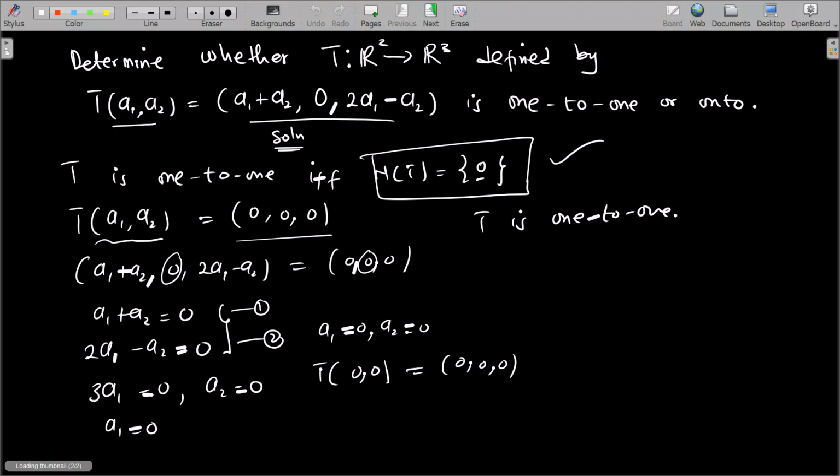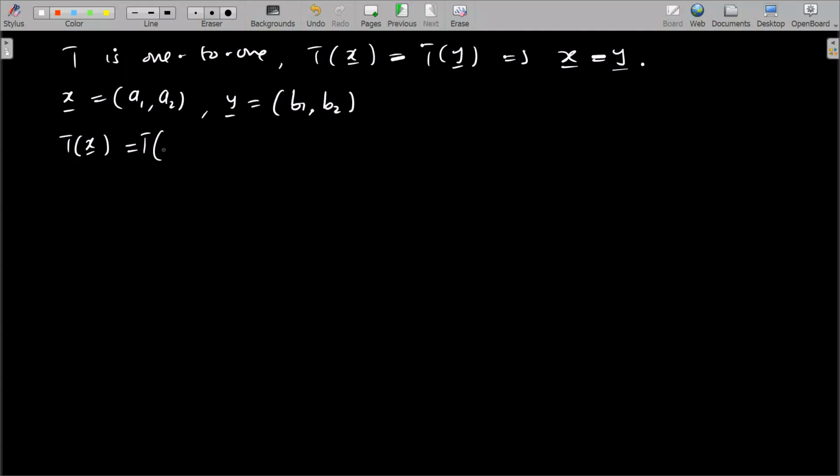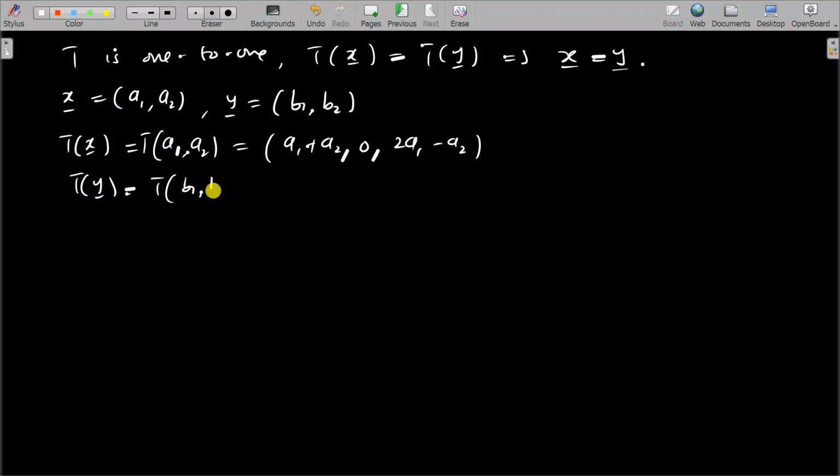If you go back to the transformation, T of a1 a2 is equal to a1 plus a2, 0, 2a1 minus a2, and T of y is equal to T of b1 b2, and that is b1 plus b2, 0, 2b1 minus b2.